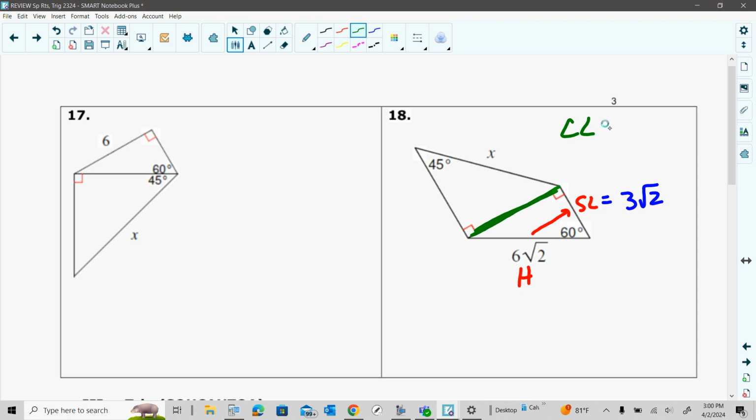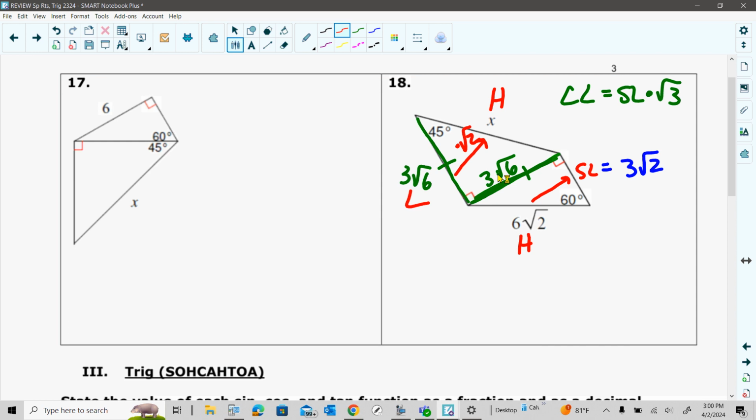Long leg is whatever the short leg is times radical 3. So if I multiply this 3 root 2 by radical 3, it would be 3 root 6. But that's the legs of this 45-45-90 triangle. So now I'm going from my leg to get to the hypotenuse. That means I'm multiplying by root 2 to do that.